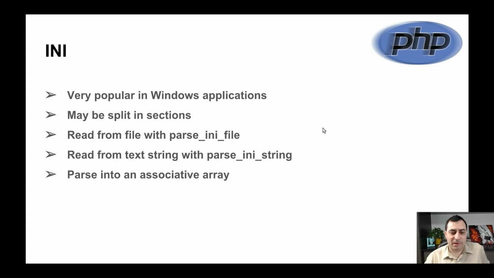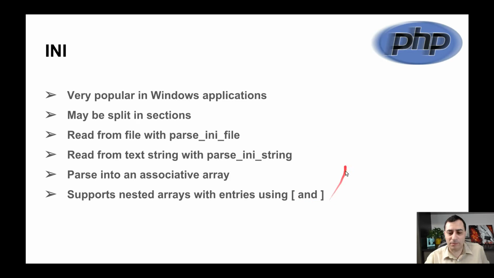Basically, these parse functions actually retrieve the configuration and build an associative array with the different values of the configuration sections and variable values. In PHP, these parse functions also support loading values into nested arrays using the square brackets.